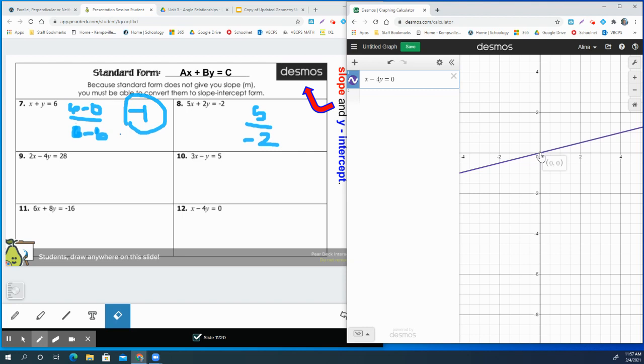It's conveniently located right there at 0, 0. Another good point. -4, -1.